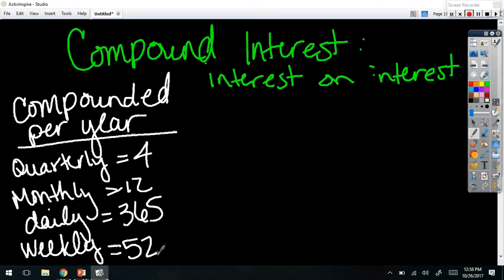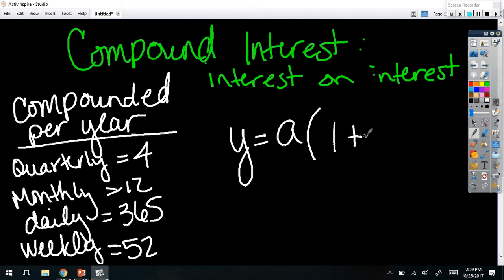Okay, so we're going to use this formula to see how much we have. It's very close to the other, but it's got a little bit more. My A is still the same. That's how much I start, my $500 I walked into the bank with for my birthday. 1 plus the rate, because if you go to any bank, they're going to tell you what the interest rate is. But this time I have to divide this rate by n.